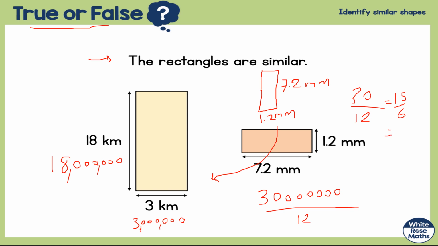I'm going to get 5 halves. So that'll be 2.5 here. But I need to add on 1, 2, 3, 4, 5, 6 zeros. Sorry for making this a bit more complicated, but I hope you're still with me. Or just do it on my calculator, it's a bit easier.